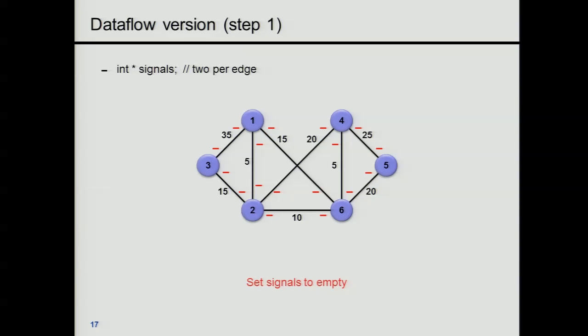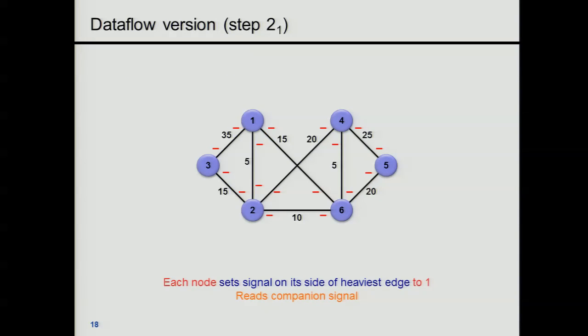Then I write a parallel loop for all the nodes in the graph. I basically want to set the signal at my edge that I want to match. So here 3 will want to match with 1, so it's going to set the signal here to 1. So fill the bit, right? And once it's filled this bit, it's then going to try to read this bit, and it'll wait until 1 fills this bit, either with a 1 or a 0.